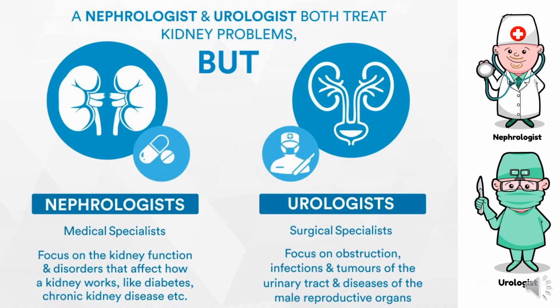Now we will deal with the specialists who deal with the diseases of the urinary tract. The nephrologist and urologist both treat kidney problems, but nephrology is the medical specialty which focuses on kidney function and disorders that affect how the kidney works, like diabetes, chronic kidney disease, etc. While urology is the surgical specialty which focuses on obstructions, infections, tumors of the urinary tract, and diseases of the male reproductive organs.